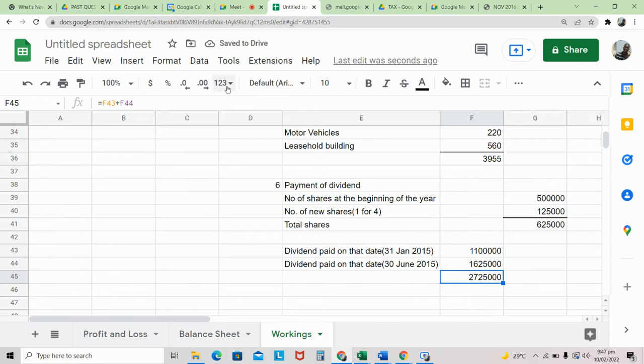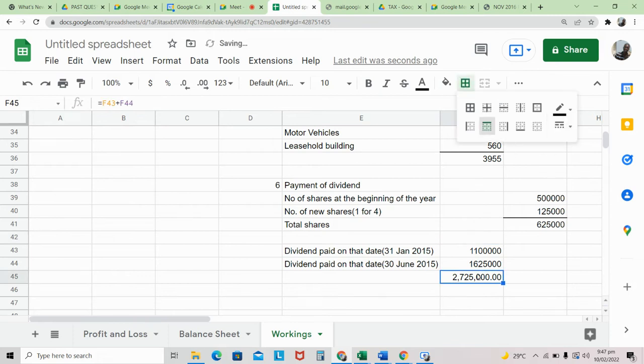So this is the dividend that was paid, 2,725,000.